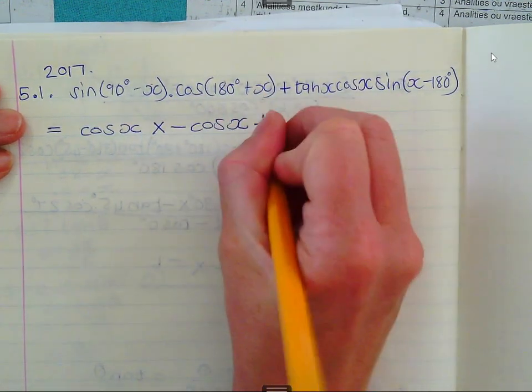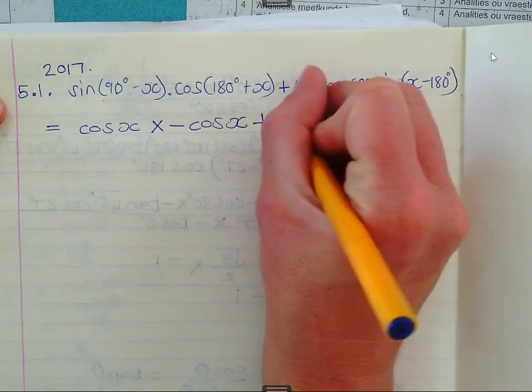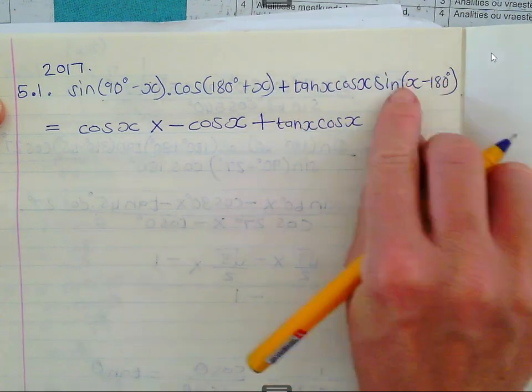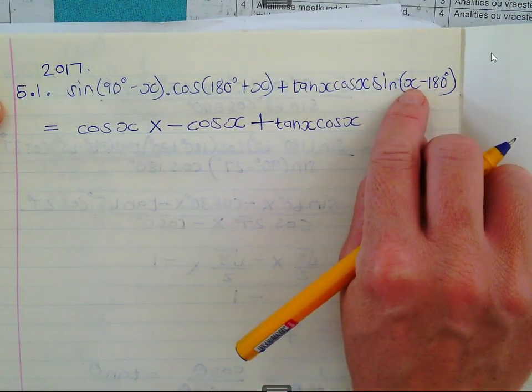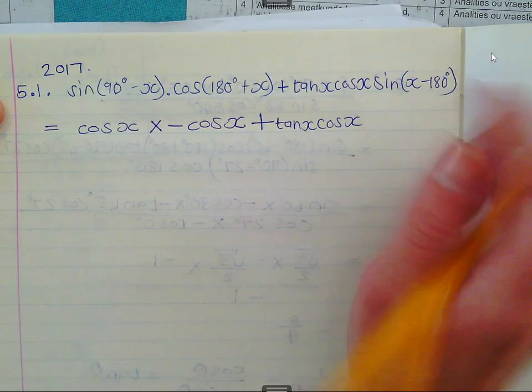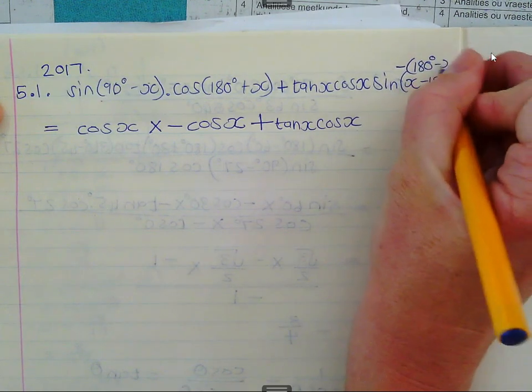Then there's a plus, second term. I've got tan x, cos x, and then sin(x minus 180). Do you see the problem there? I have to take out a negative first to get it 180 minus x.